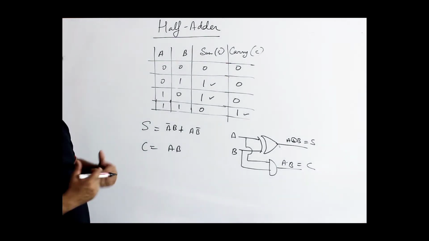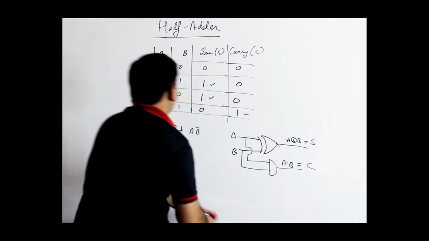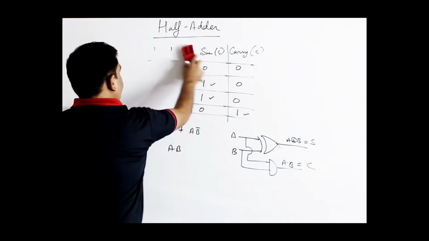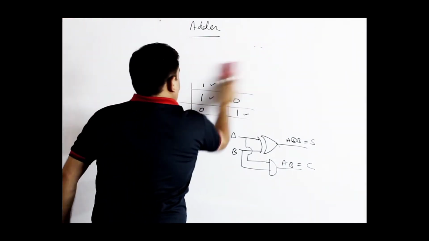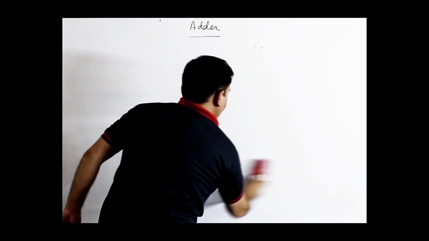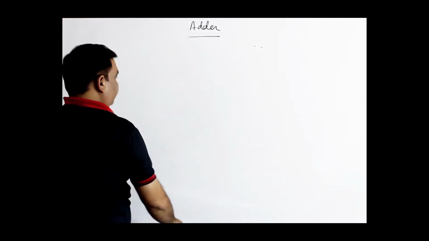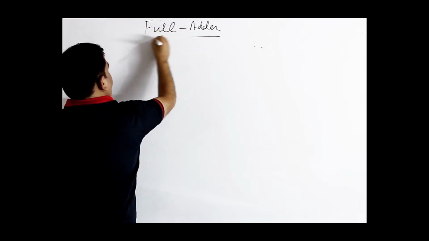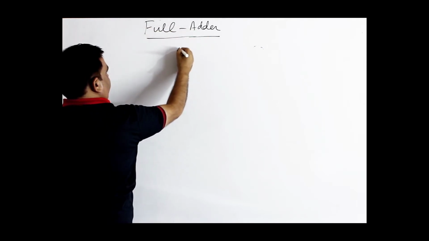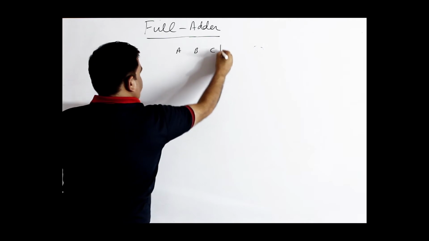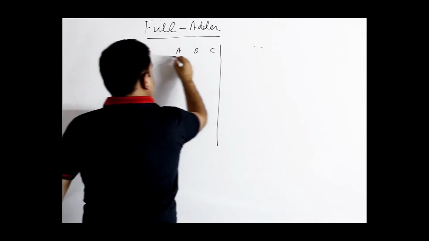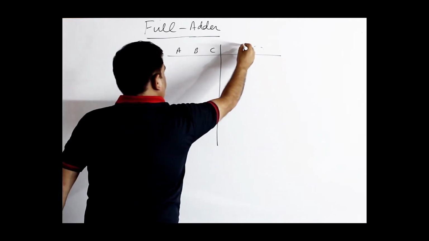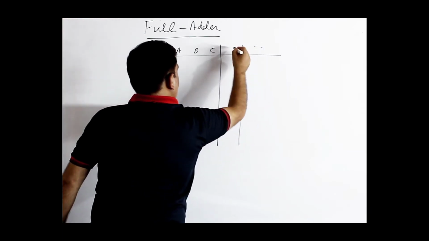Now, next is full adder circuit, in which we have to take 3 inputs. There are 3 inputs and 2 outputs, sum and carry, for full adder. A, B, C, 3 inputs are there. And 2 outputs: sum, and carry.